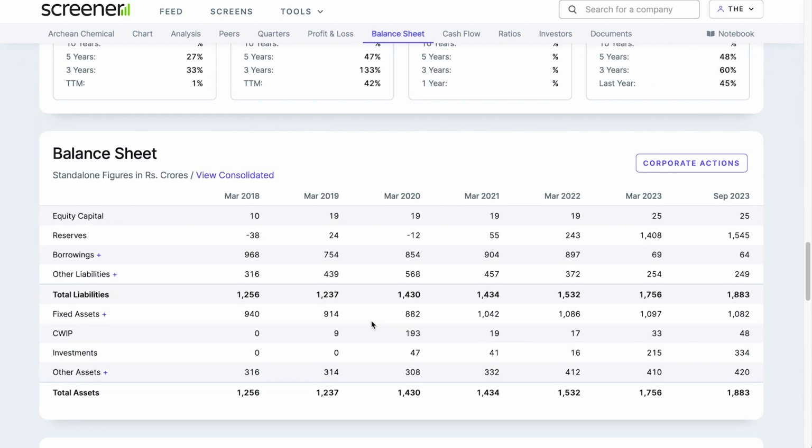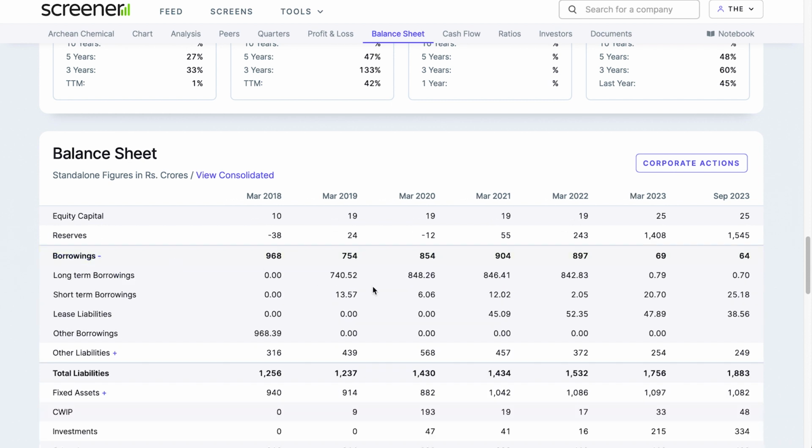If I look at one of the key important numbers, you see the borrowings have significantly been reducing. That means they've been repaying their debt and relying more on equity money. The current borrowing structure that we have, there is no or little long-term debt. There is some short-term borrowings, and then there are lease liabilities, which I would consider as operating cost on any particular day.